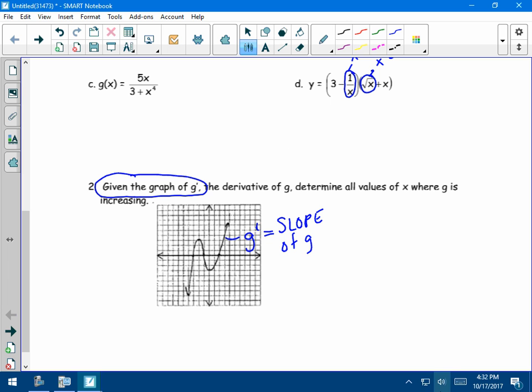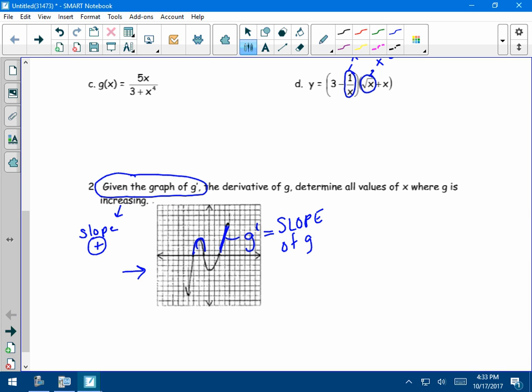So when it says determine all values of x where g is increasing, I want to know where is g, what's happening. Okay, so when g is increasing, what's true about the slope? Slope is positive. So where is the slope positive? Well, this graph is the slope. Where is it positive? It's positive here. It's positive here.